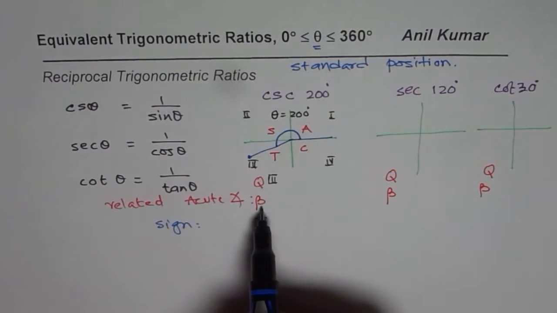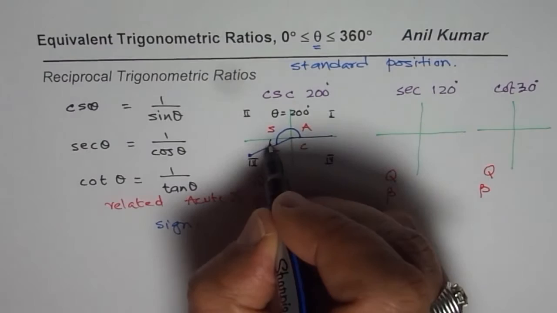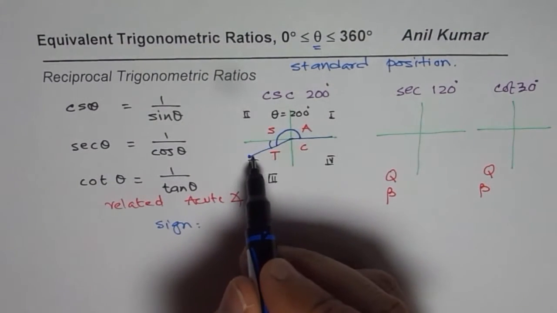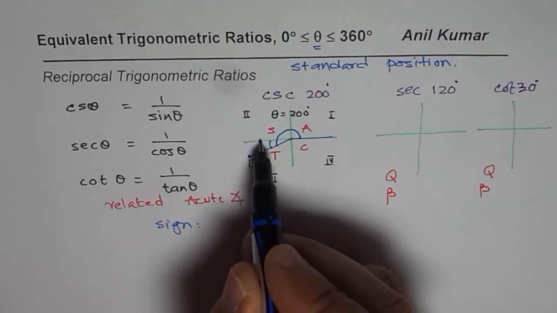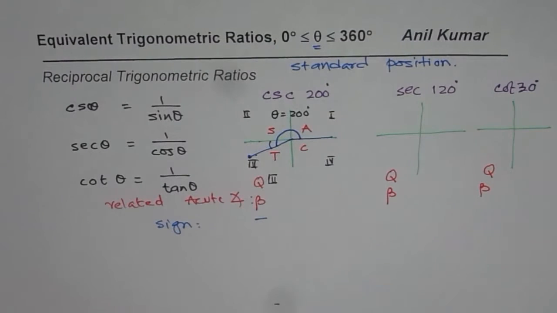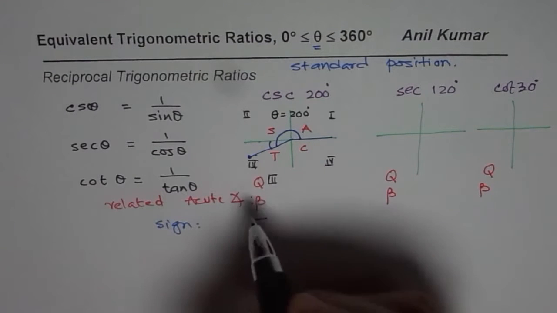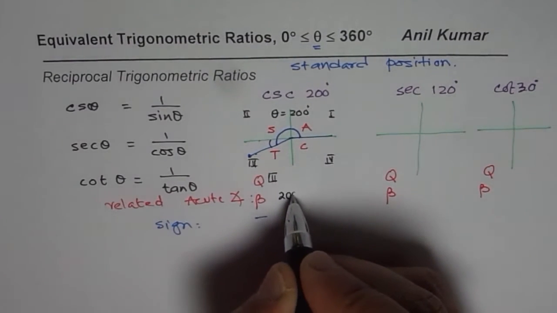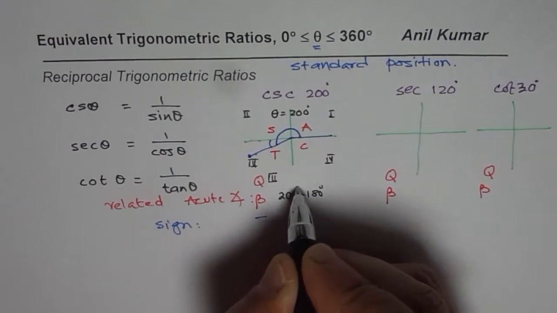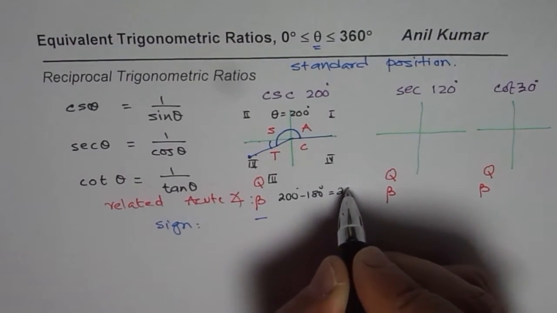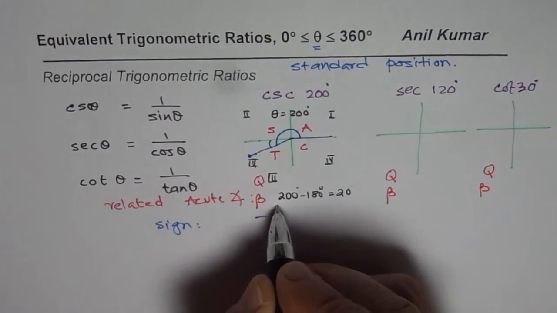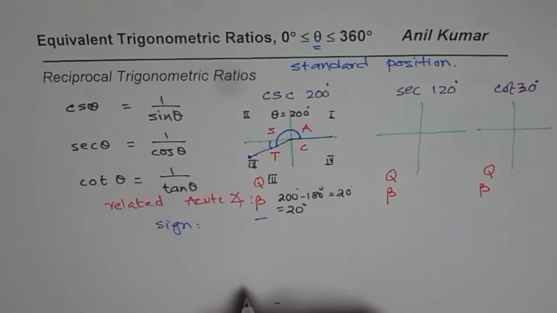Second thing is, what is the acute angle, reference acute angle? This is the angle between the terminal arm and the horizontal x-axis. And in this case, we can see this angle is 200 minus 180 degrees, which is 20 degrees, right? So the related angle beta is equal to 20 degrees, right?